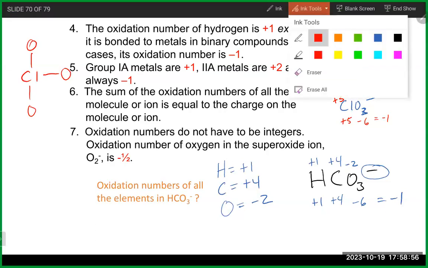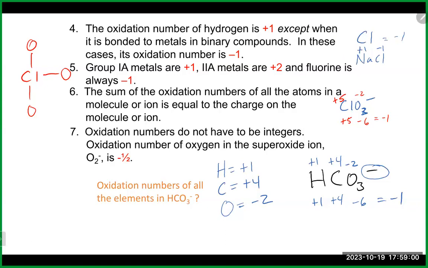All right, so when we have, say, chlorine here with our oxygen, in this case oxygen is probably going to be more electronegative than chlorine, which means the electrons that are being shared are going to head towards the oxygen, right?